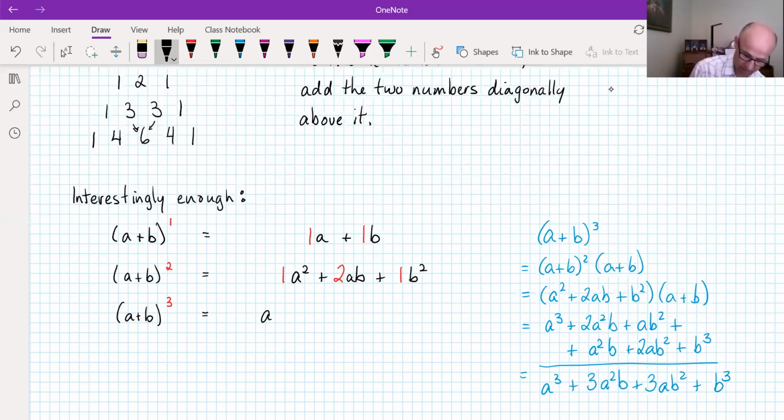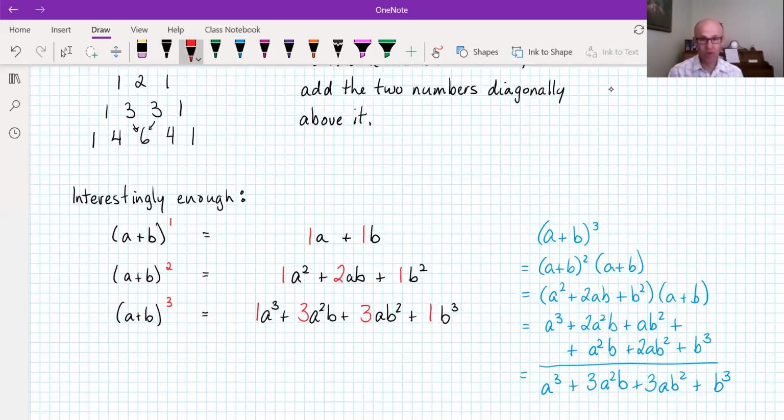Again, an a cubed, a 3a squared b, 3ab squared, and a b cubed. Let's put in our coefficients. And as we've discussed, I think that's more than readily apparent that we're creating Pascal's triangle as far as the coefficients go.